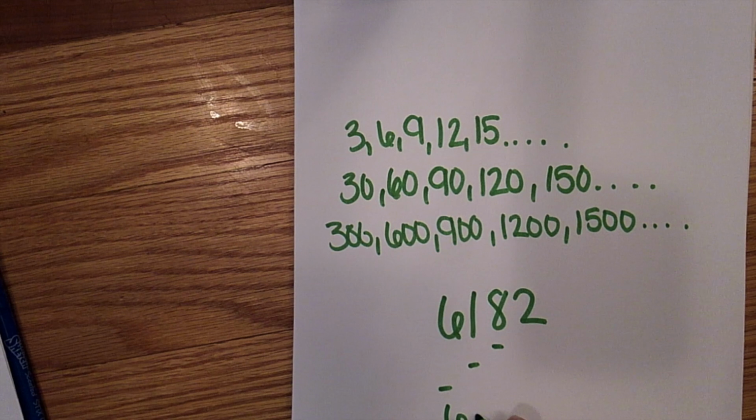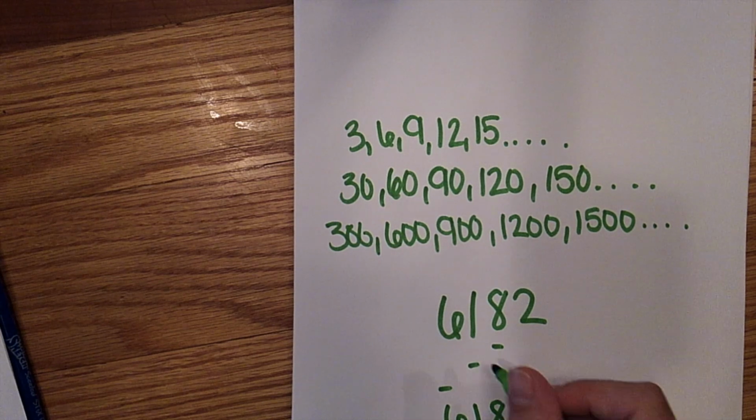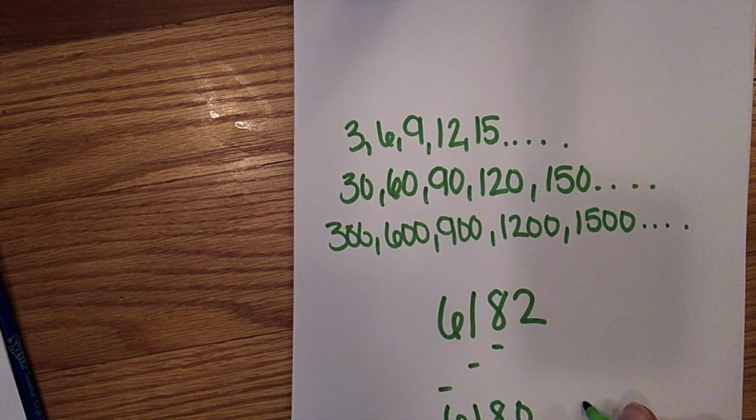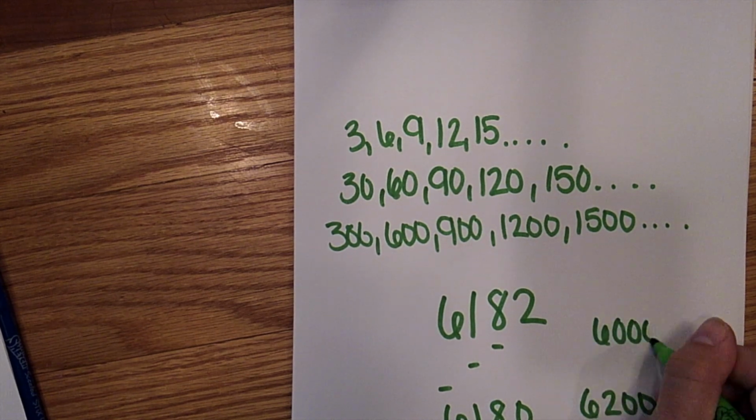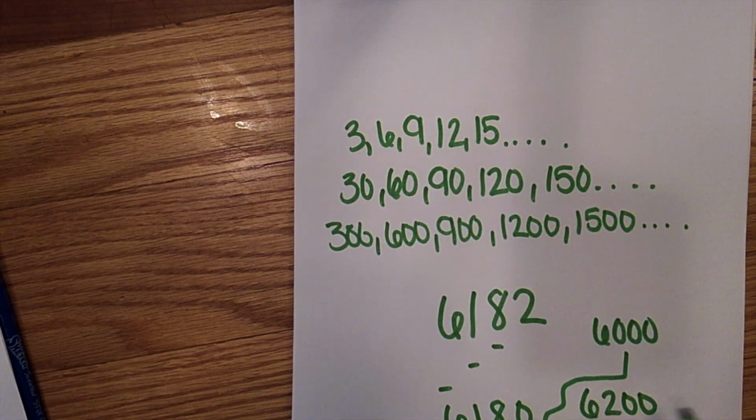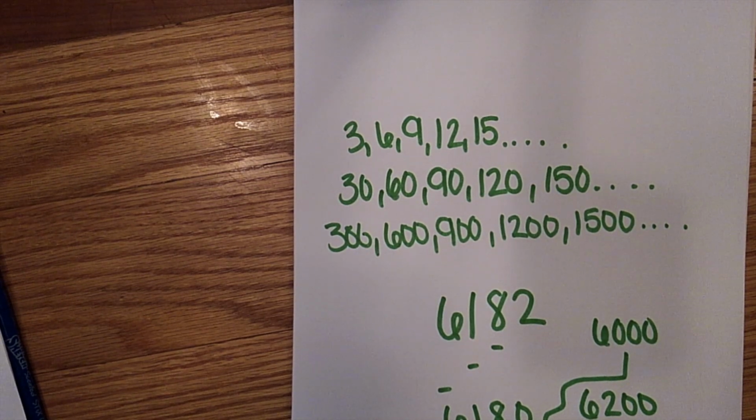So rounded to the nearest 10, we would have 6,180. Rounded to the nearest 100, that's to the 1. The 8 tells it to become a 2. 6,200. And rounded to the nearest 1,000, the 1 tells the 6 to stay the same. We're going to get 6,000. And you can see from one number to the next how the number changes as you round.